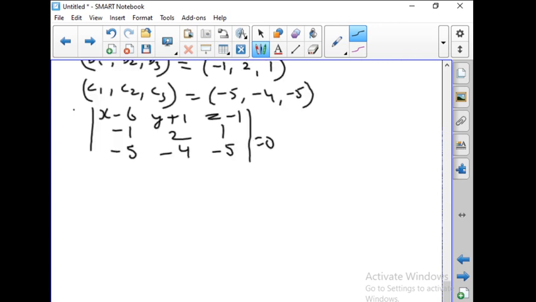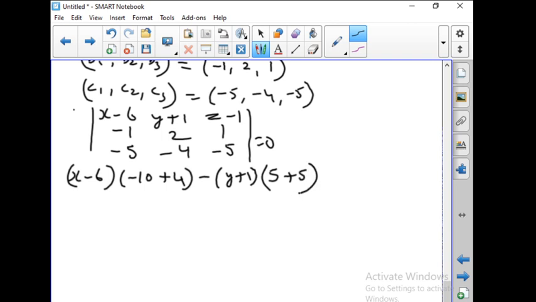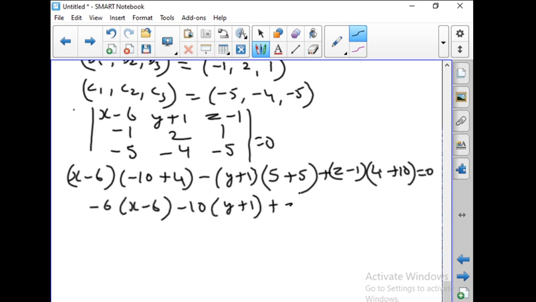So expand this, what do you get? (x minus 6) into (minus 10 plus 4) minus (y plus 1) into (5 plus 5), then plus (z minus 1) into (4 plus 10) equal to 0. So this is minus 6 into (x minus 6) minus 10 into (y plus 1) plus (z minus 1) into 14 is equal to 0.